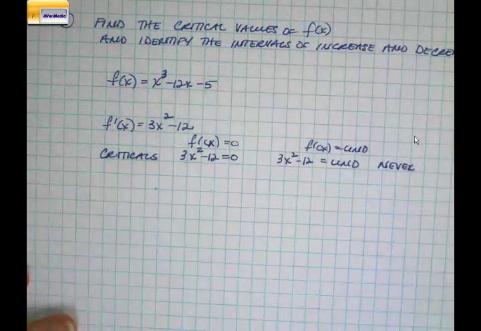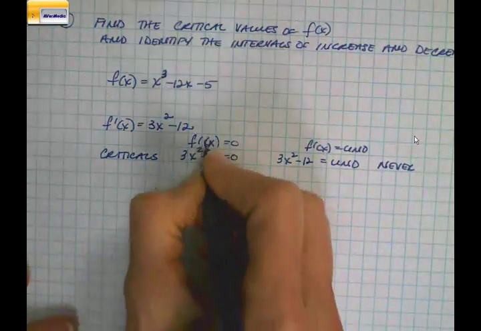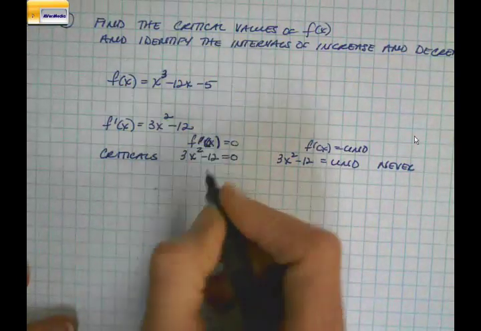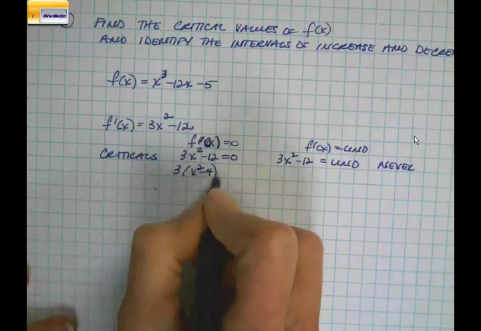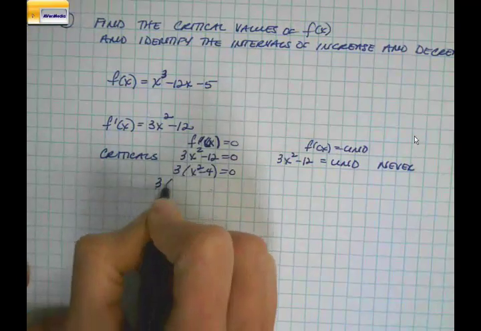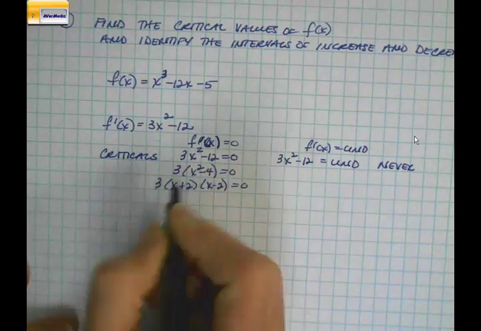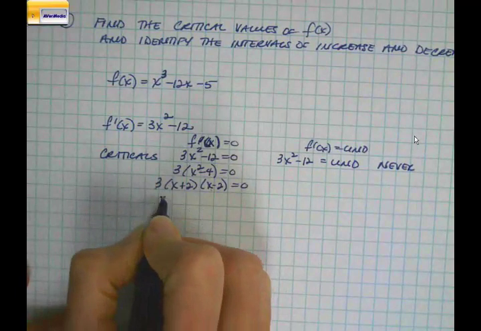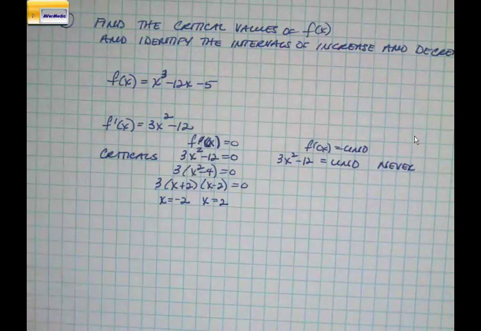Where f prime of x equals 0, you have 3 times x squared minus 4 equaling 0, or 3 times x plus 2 times x minus 2 equaling 0. So your critical values are negative 2 and positive 2.